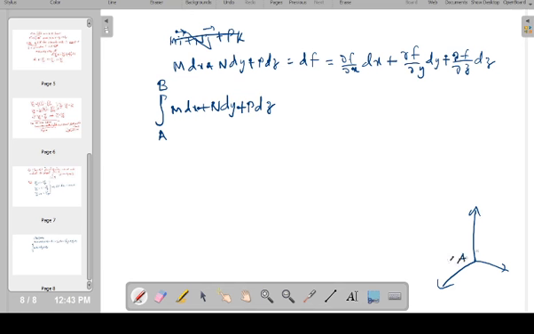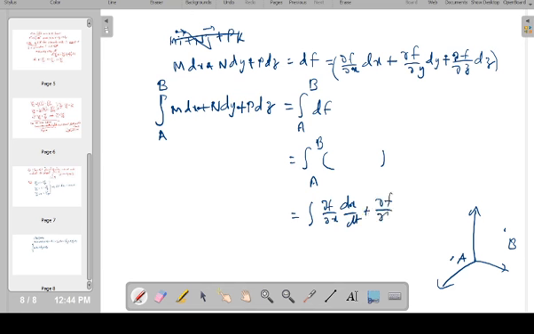Here is the point A, and here is the point B. So this is the integral from A to B of df, which is the integral of ∂f/∂x dx/dt plus ∂f/∂y dy/dt plus ∂f/∂z dz/dt times dt.